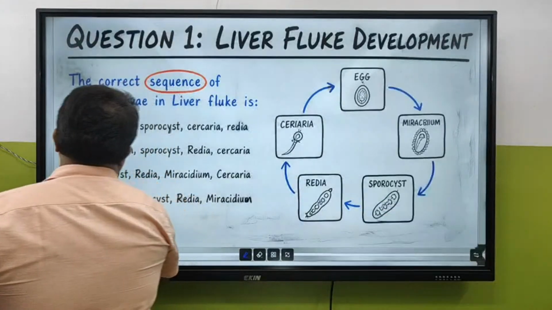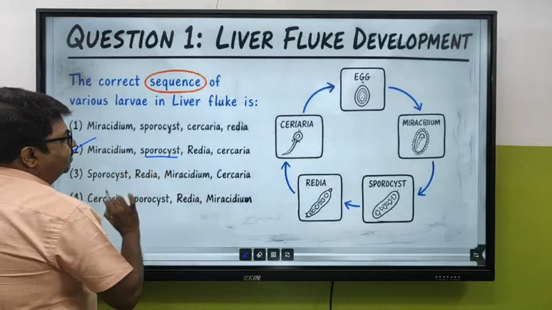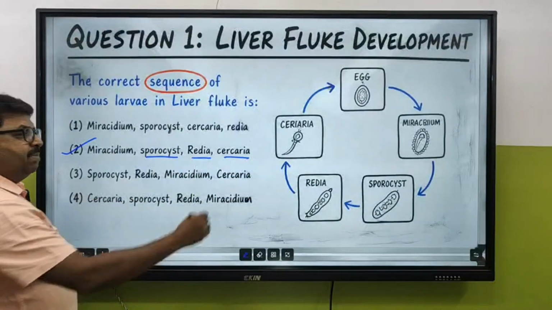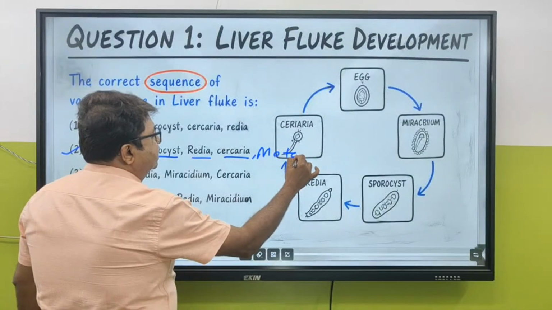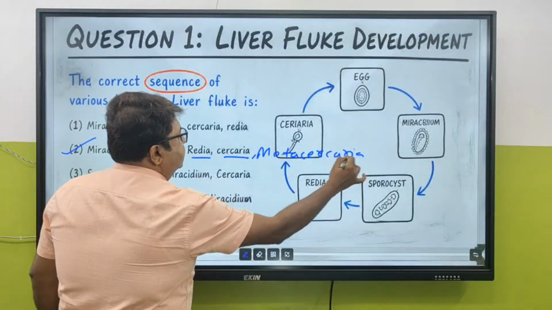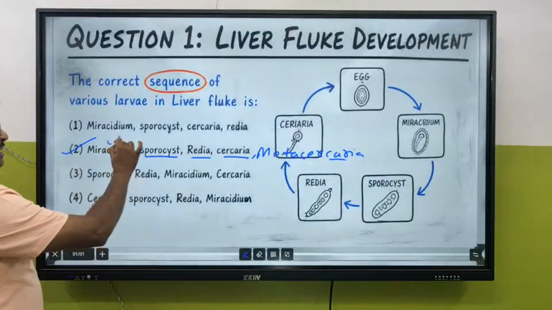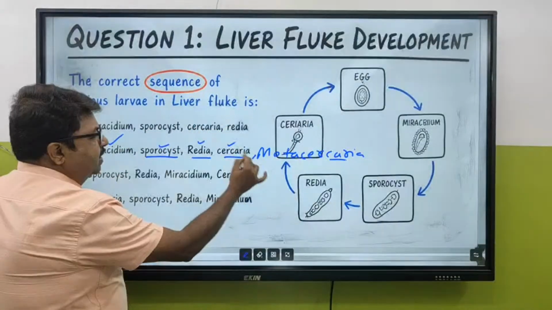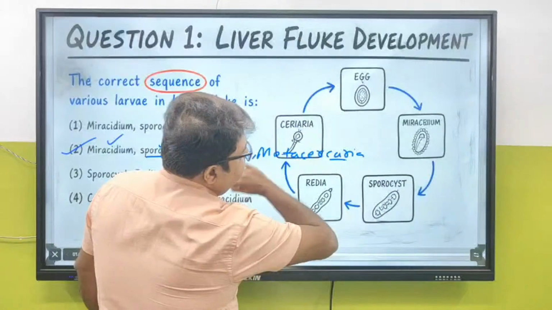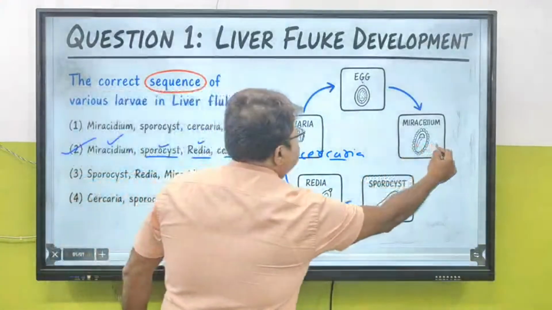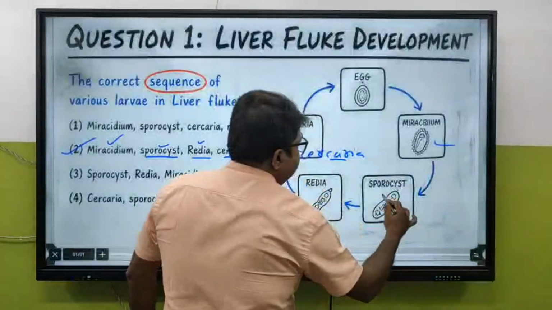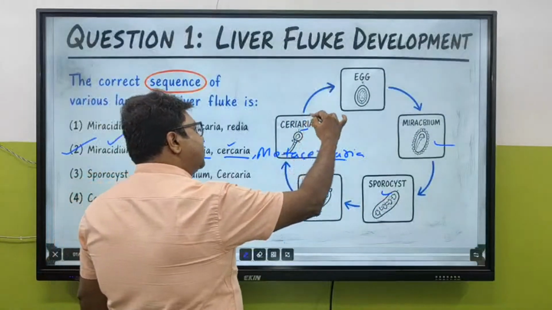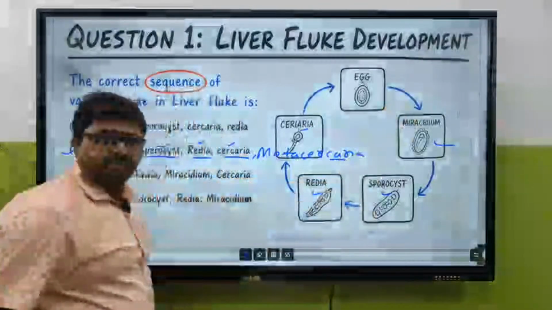I have talked about Miracidium first, then Sporocyst, then Redia, then Cercaria, and after that Metacercaria. So Miracidium gets inside the snail's body, then it changes to Sporocyst, Redia, and Cercaria inside the snail body, and Metacercaria comes out.